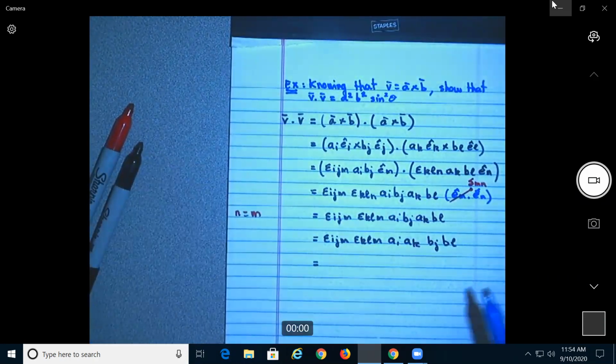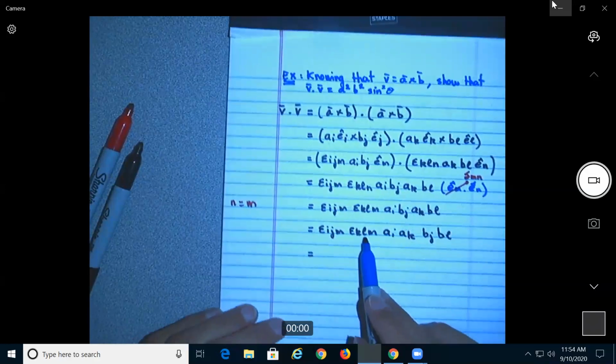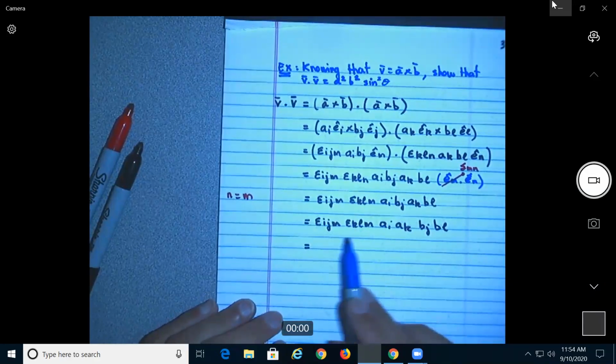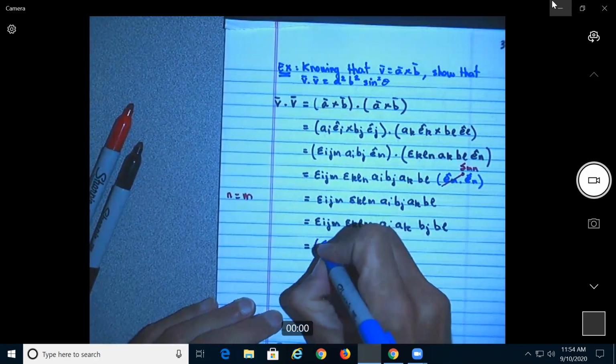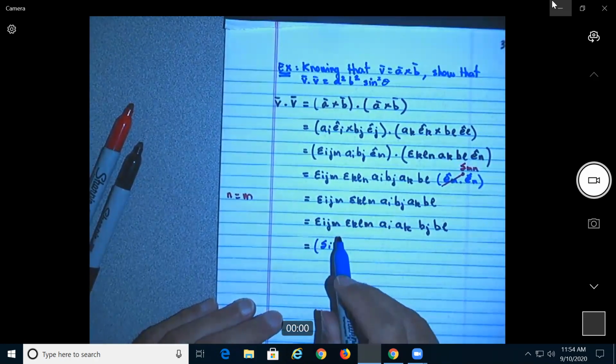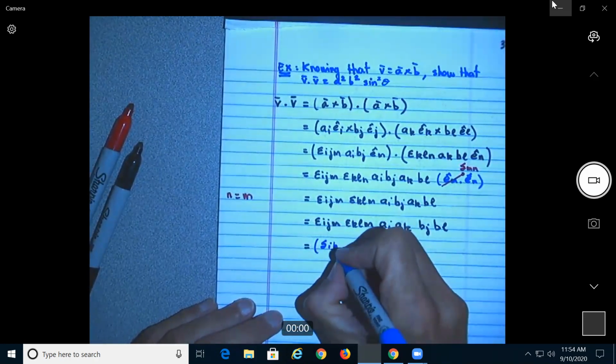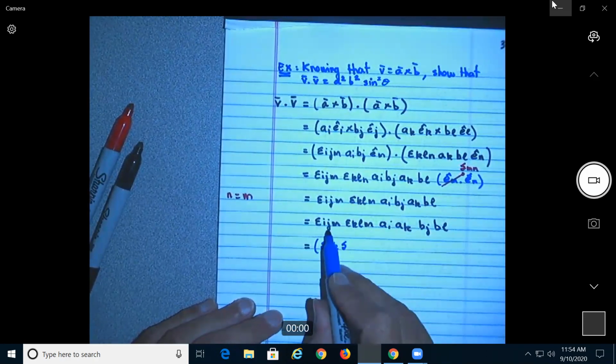Okay, so now if we rewrite this using the Kronecker delta, remember what we need to do first is we do these two over here, and then we switch them. So this will give you what? Delta ik, then delta jl, because the m is at the end, no?